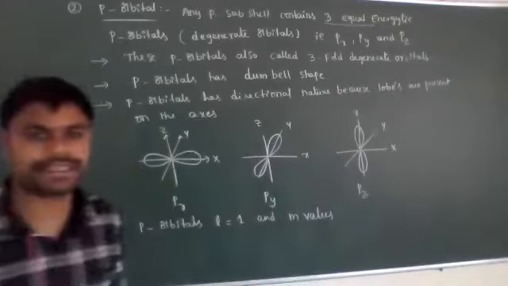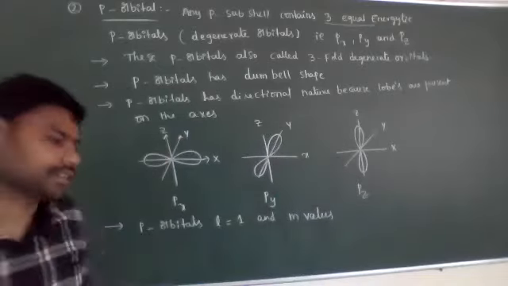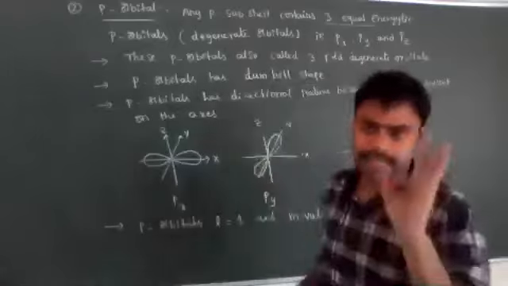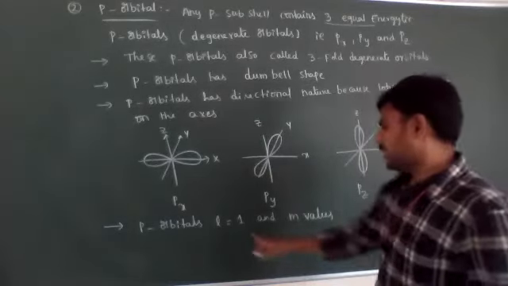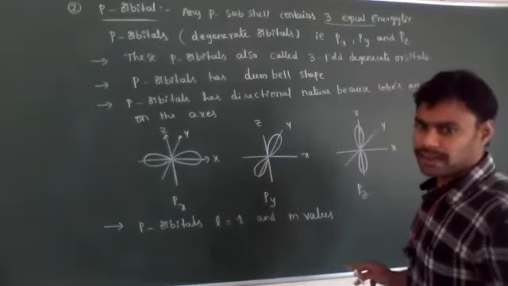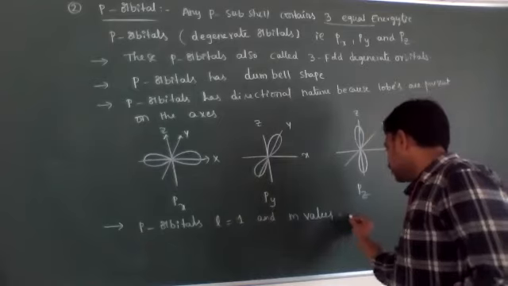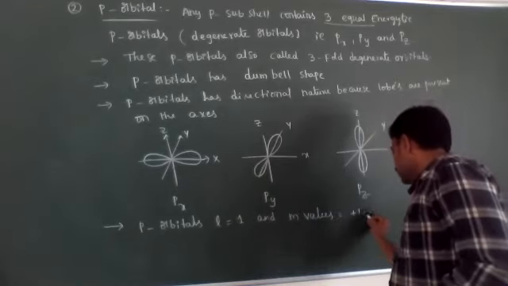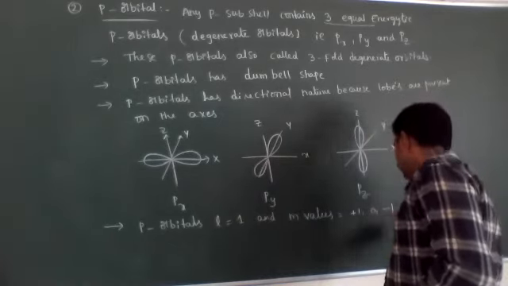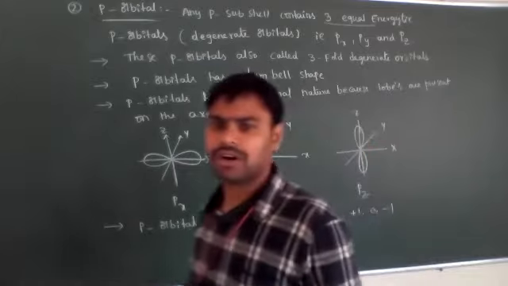How many m values are present? For l equal to 1, which means p orbital, there are 3 m values: plus 1, 0, minus 1.